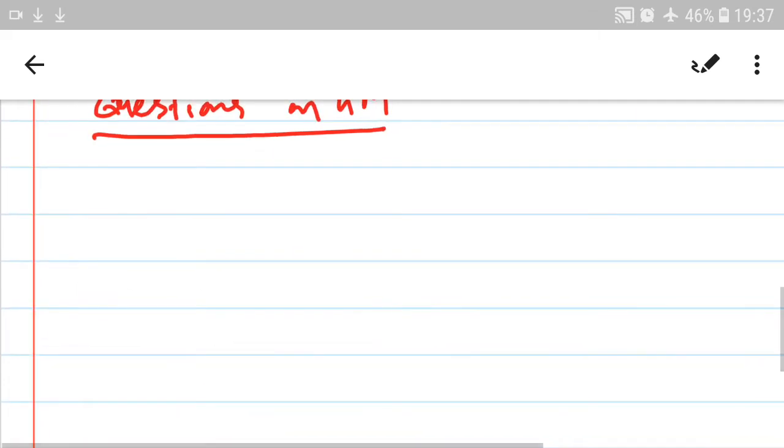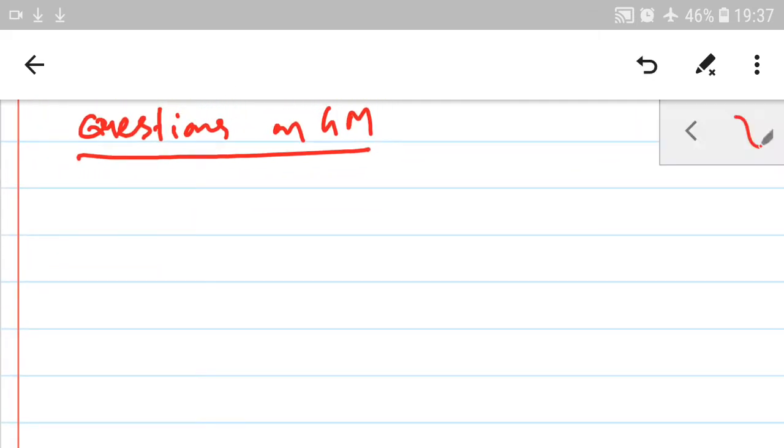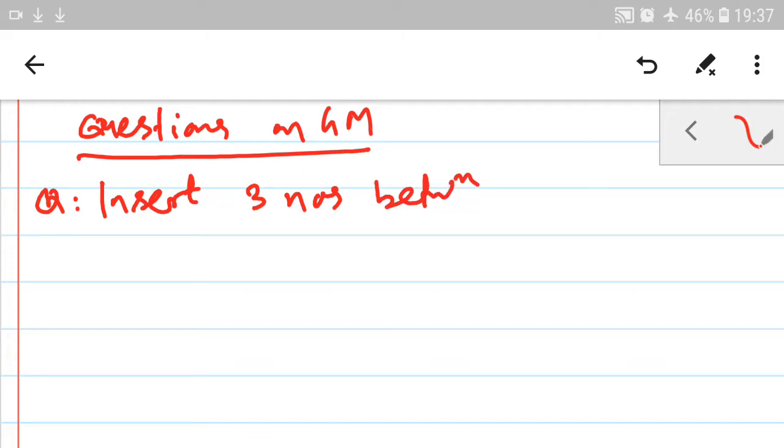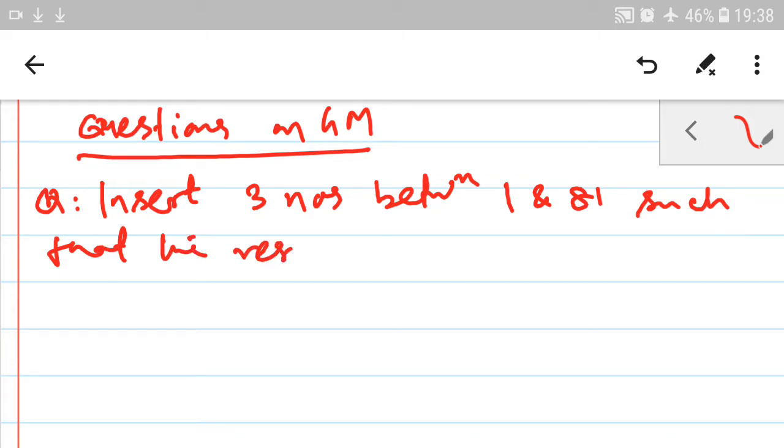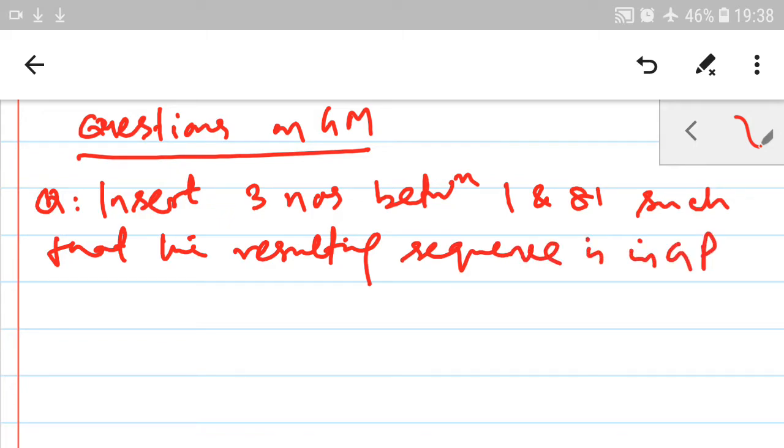The first question goes like this: insert 3 numbers between 1 and 81 such that the resulting sequence is in GP. Okay, so let us solve this one.